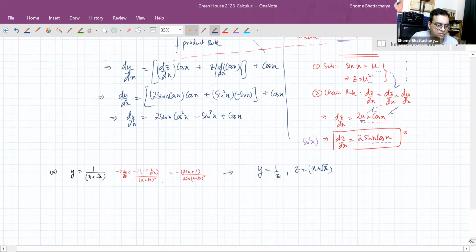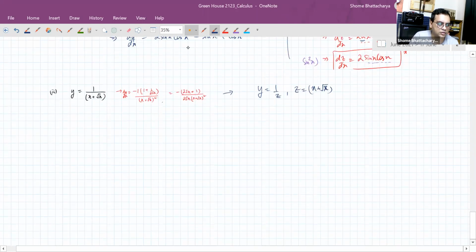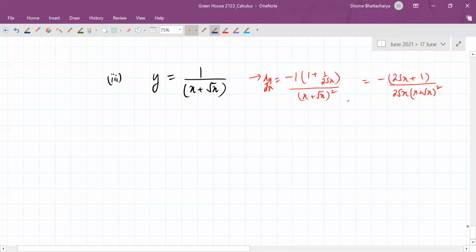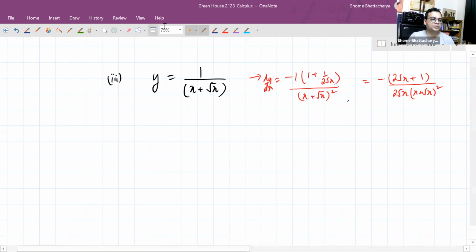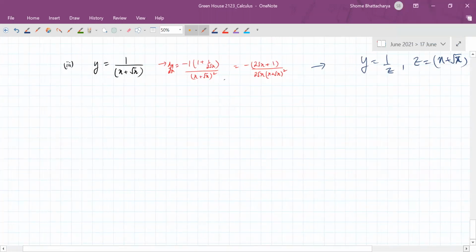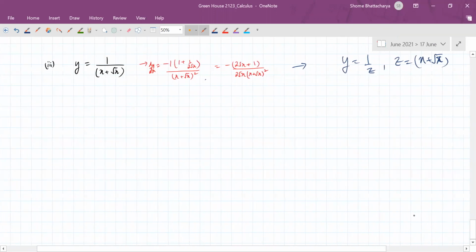No, sir, not in the answer, but in the question. So directly we could get x minus root x upon x square minus x. But then how would that help us better? Then you'd have to use quotient rule or something, no? Yes, sir. So that would be better than chain rule or anything, no?